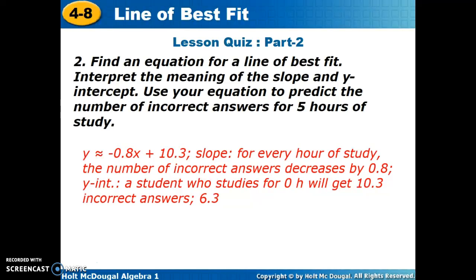And our slope would indicate to us that for every hour of study, the number of incorrect answers decreases by 0.8. The y-intercept would correlate to an x value of 0, which would be 0 hours of studying. And they should get, with the prediction, 10.3 incorrect answers.